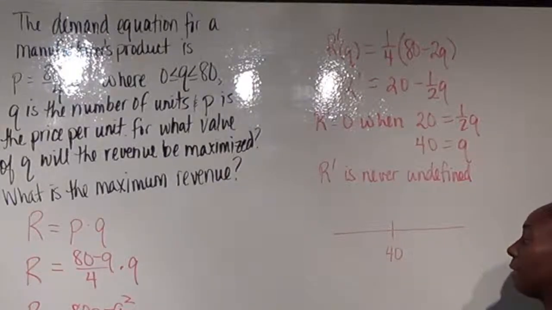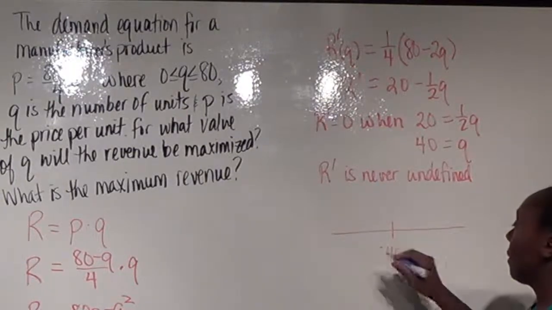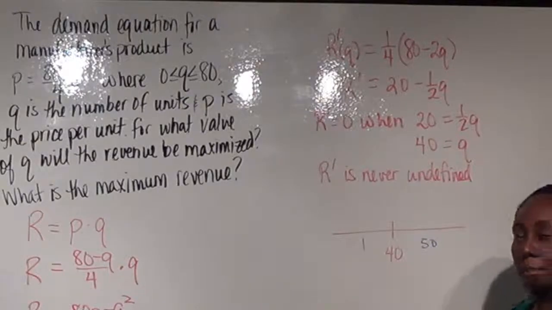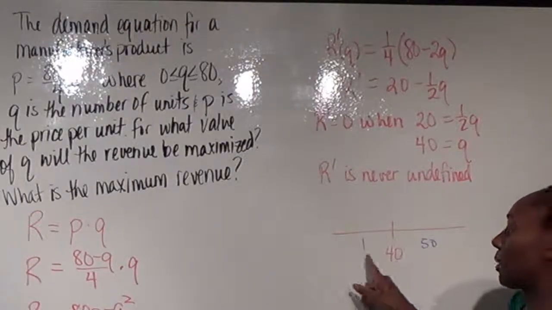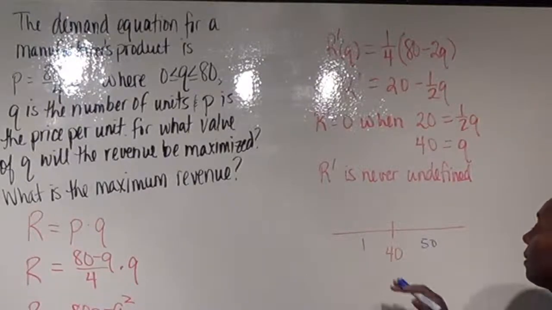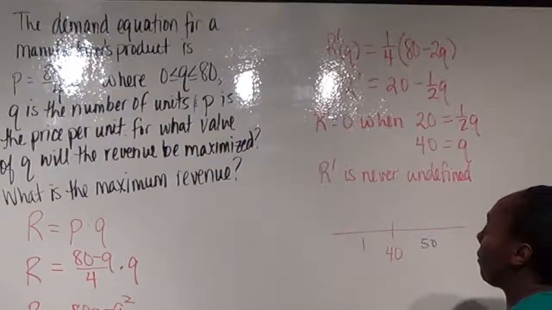Using my number line, I'm going to put my one critical value on there and test points on either side. Some good test points in this case, 1 and 50. And notice my test points are also within my domain. Plugging 1 into my equation, I get 20 minus a half. That is certainly going to be a positive value.